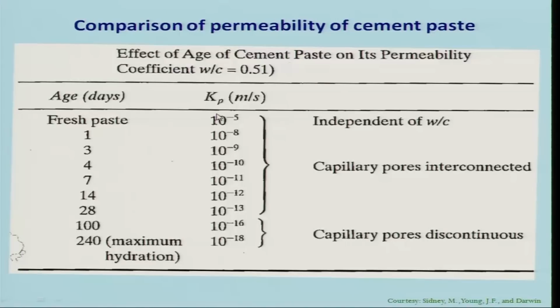So what is the information that you have to take from the levels of permeability discussed here is that when it is fresh the permeability is 10^-5. When the Portland cement based paste system achieves, say, initial or final setting time, at that point the permeability is of the order of 10^-5 to 10^-8 meter per second.